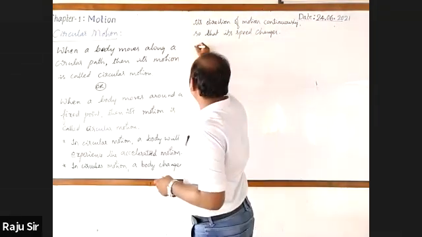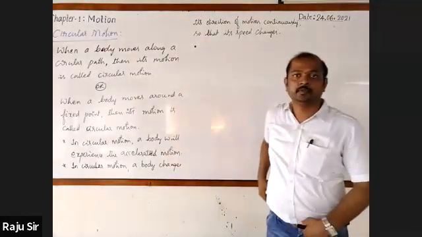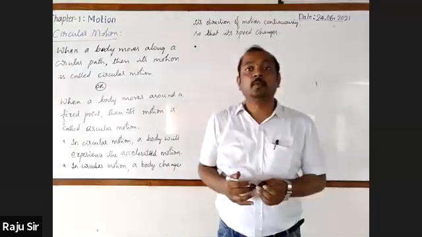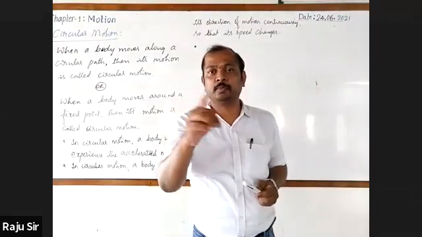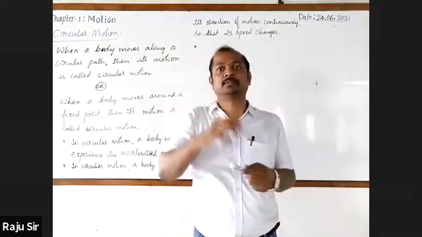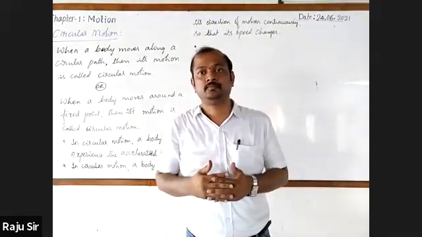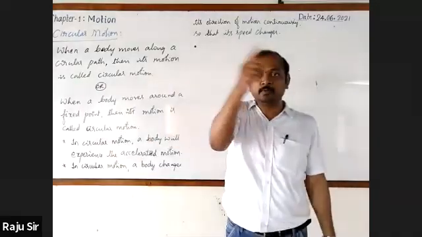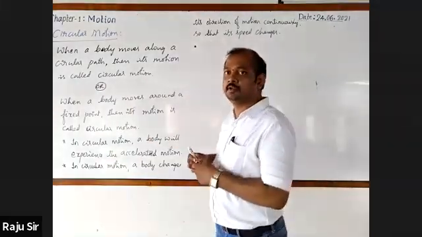Next, another point. What is the direction of motion of a body if it is moving in the circular path? It is the tangential direction. The body will be moving in the tangential direction.